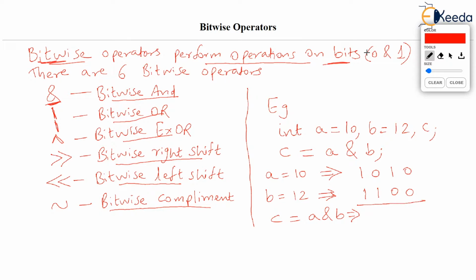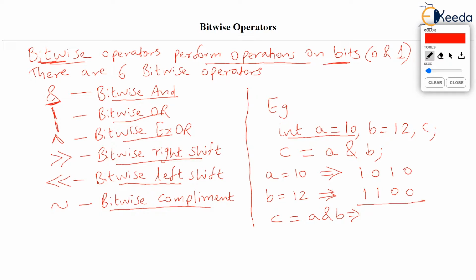To understand what bitwise really is, there is some prerequisite which I expect from GATE students. GATE students obviously know the decimal equivalent and the binary equivalent of a number. For example, suppose I have int a equal to 10.